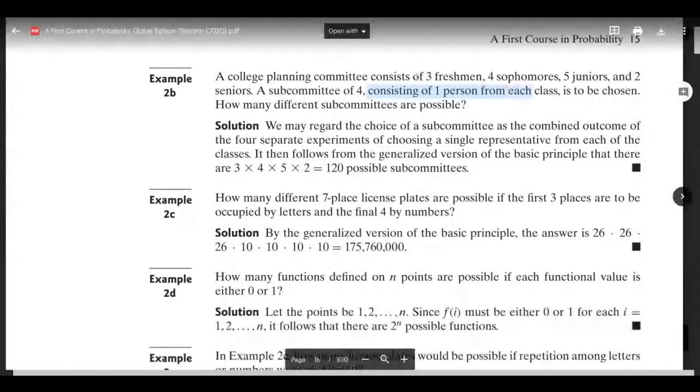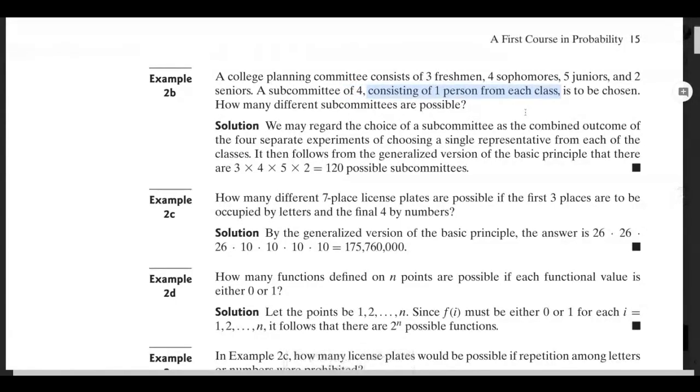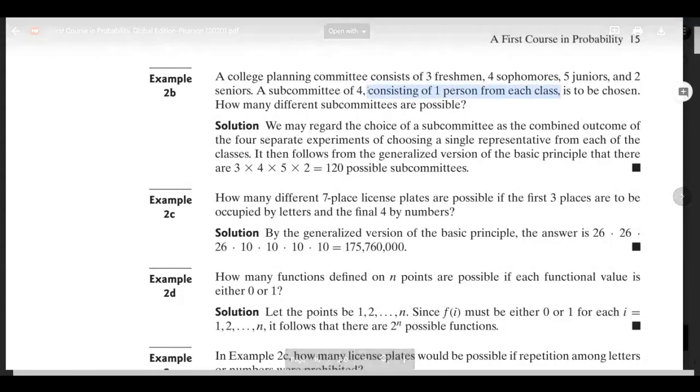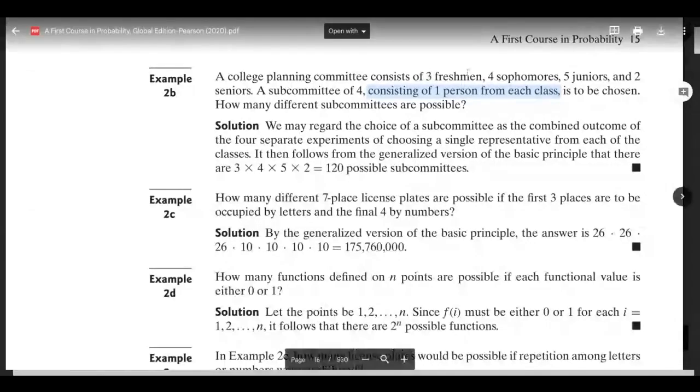Out of these 4 classes, we want to choose 1 from each. Don't think about anything else yet. We'll consider that kind of question later on. For now, just remember when we apply counting principle, this condition has to be satisfied. We have 4 classes, and we want to choose 1 from each class.